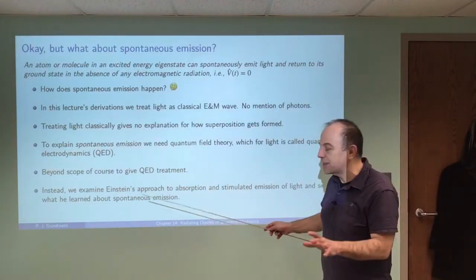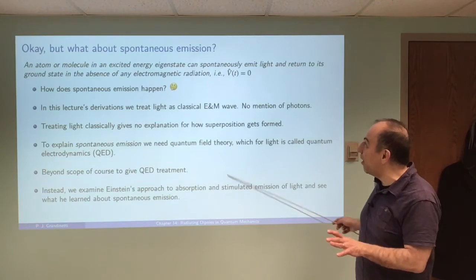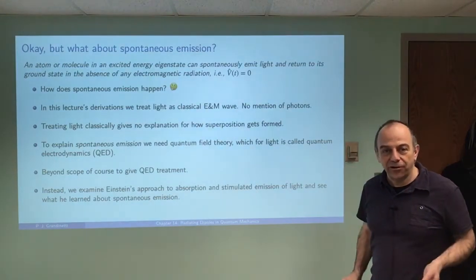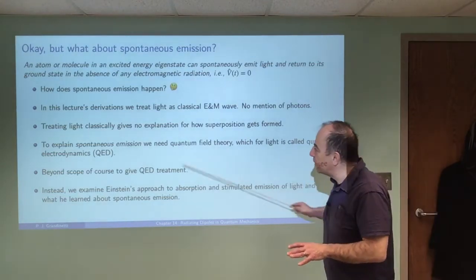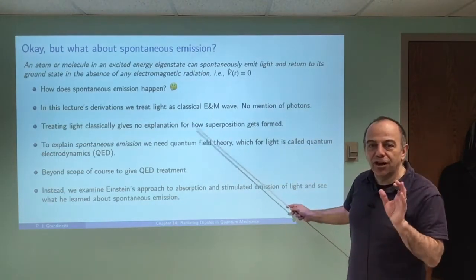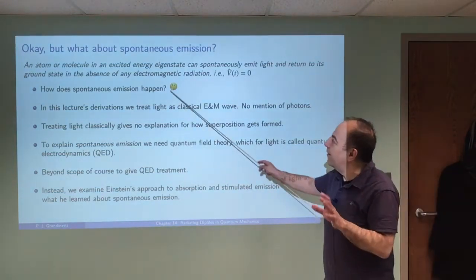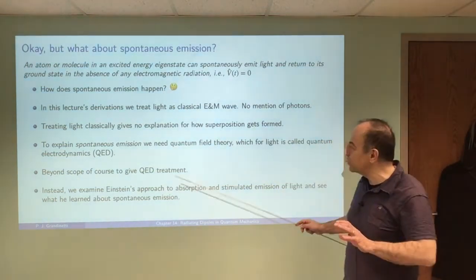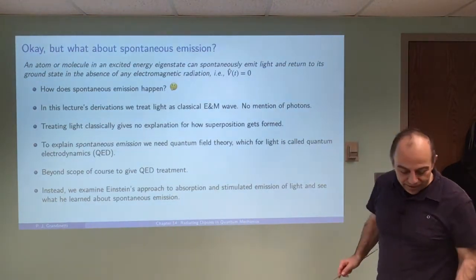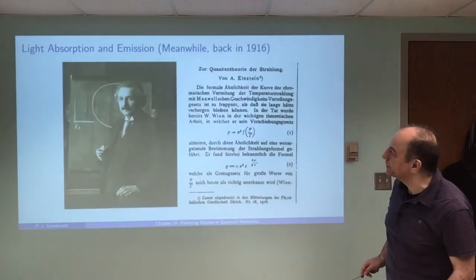He was able to work out the spontaneous emission rate based on the rates that we just calculated, which is pretty impressive. But if you wanted to go into detail about what actually causes that push of the energy eigenstate into that superposition, what causes spontaneous emission, you really need to go into the area of quantum electrodynamics.